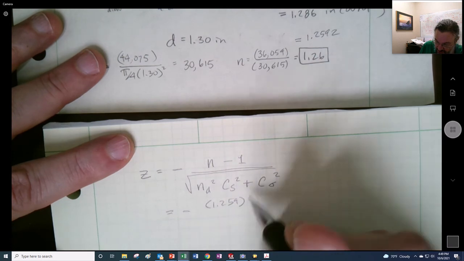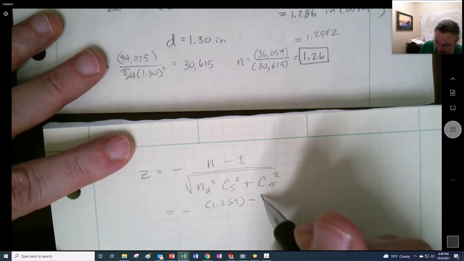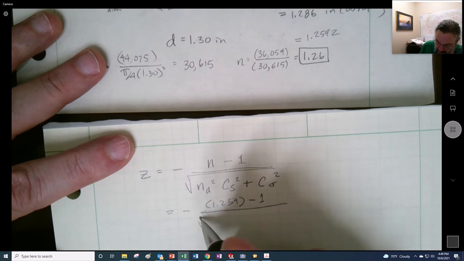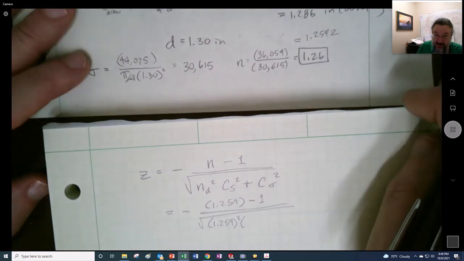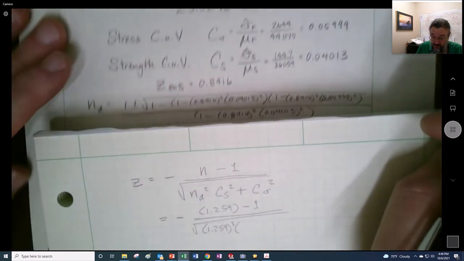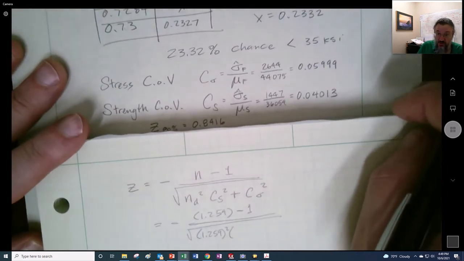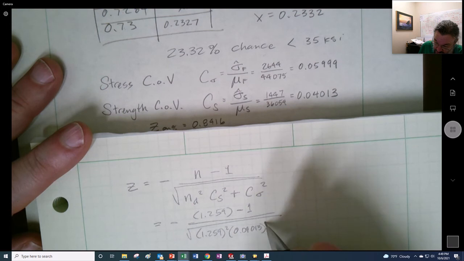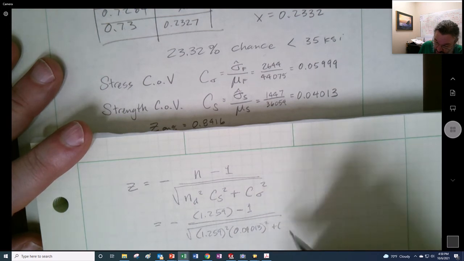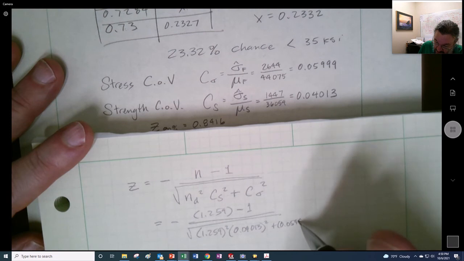So 1.259 is good enough, minus 1, divided by the square root of 1.259 squared times CS, which we go all the way back up to here, was 0.04013 squared, plus 0.05999 squared.